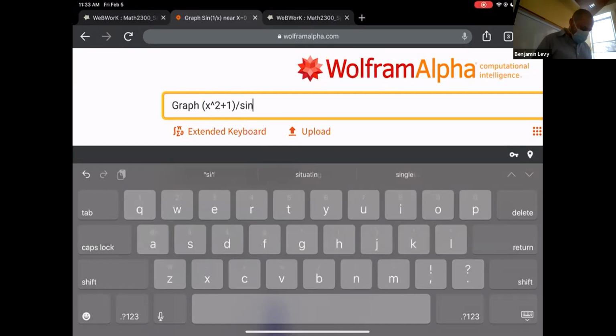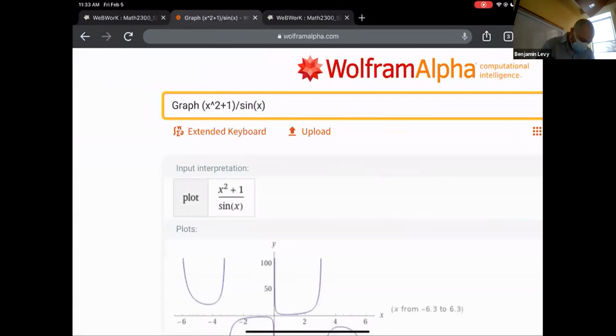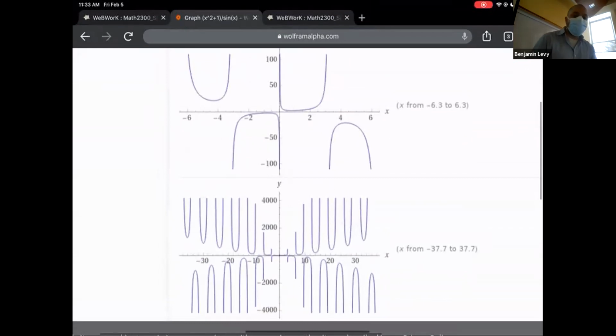Over sine of x. Yeah, so it's like a bunch of weird U things, right? And where are those U things happening? I mean, where are the jumps happening? They're happening at pi values.